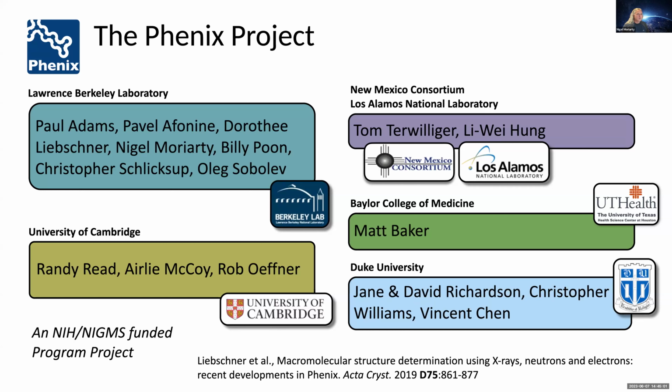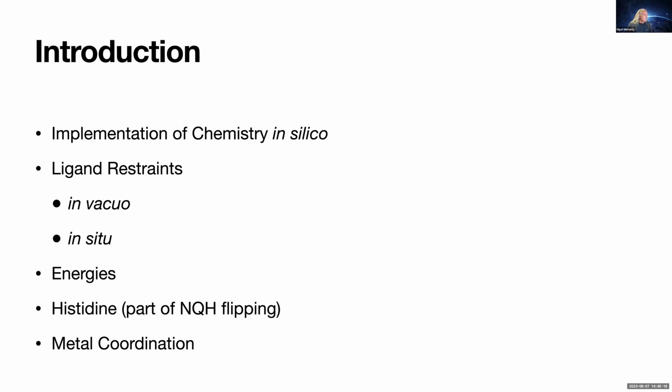I'm a developer, but I also get to use our software in anger because a lot of the users will say that they have an issue and they need a little bit more expertise. So I get involved with the use as well as the development, which is a fairly unique position, I guess. So one of the things I was going to talk about was the implementation of chemistry in silico, so that you know a little bit of background of what is needed in refinement, and specifically ligand restraints can be calculated.